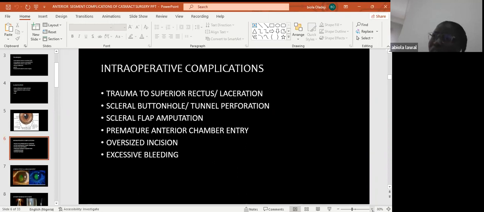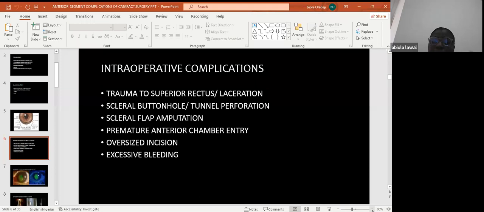It sounded funny to me, but she's a skilled surgeon, and she still does wet lab from time to time. So that's a big deal. It's good to identify your weakness in your surgery. So if you know you're likely to have buttonhole perforation, do a lot of wet lab to prevent this.